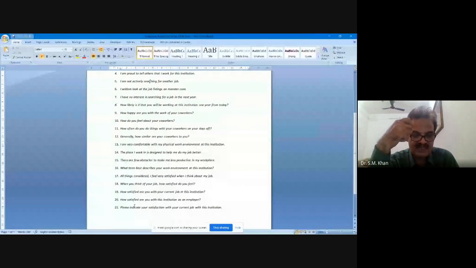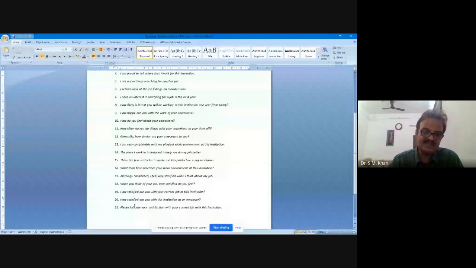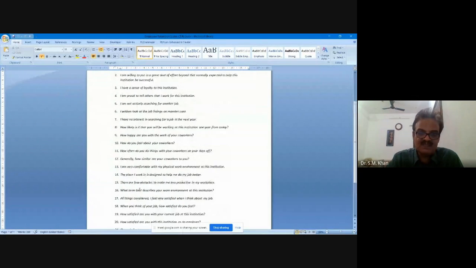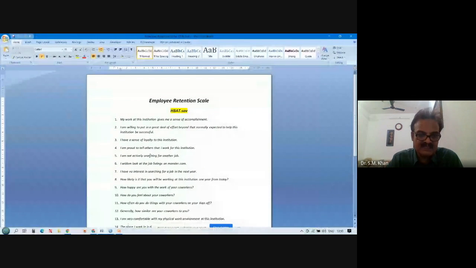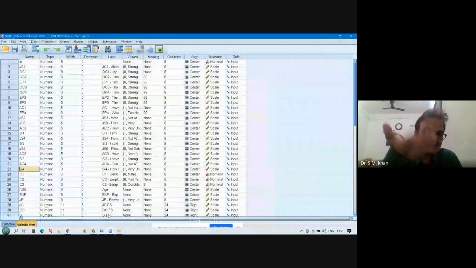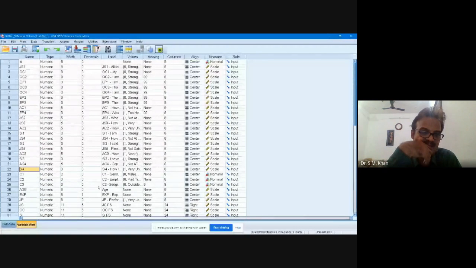So that's what is known as the data reduction technique. So for this work, employee retention, we are going for the factor analysis. We are trying to explore the factors out of these 20 items. We will not include one of the items in the job satisfaction.